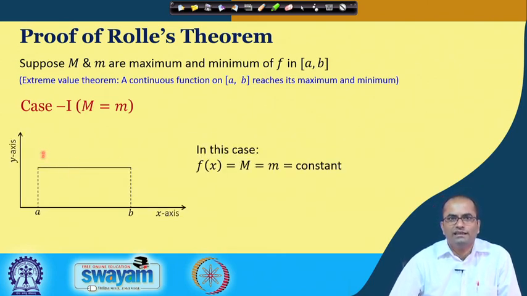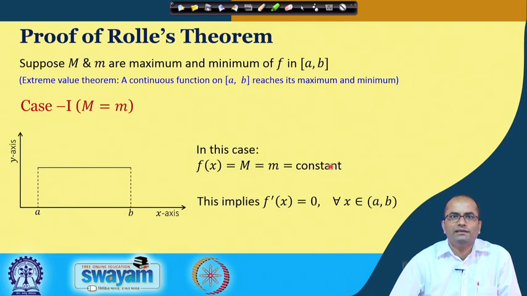Basically if we plot this, it is a constant function. In this particular case f(x) is a constant function, and naturally whatever point you take, the derivative is going to be 0. So, the theorem is proved in this case when M is equal to small m.